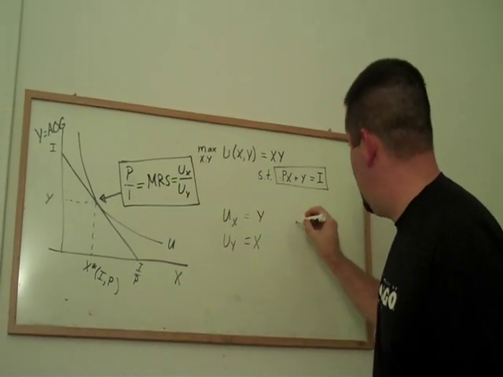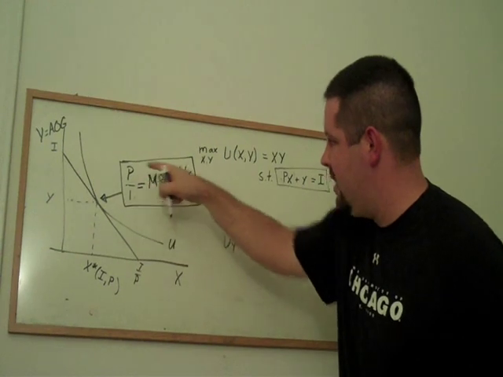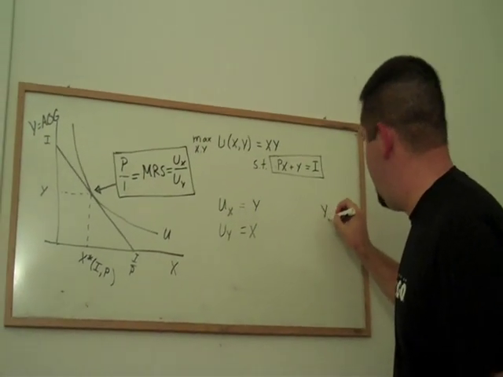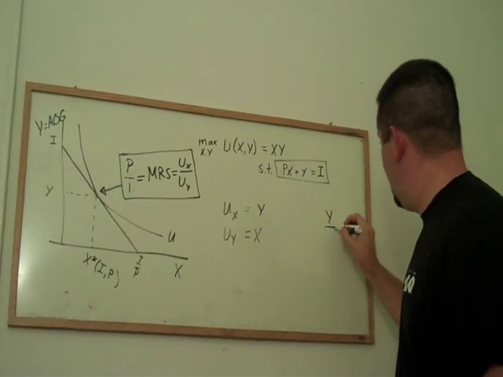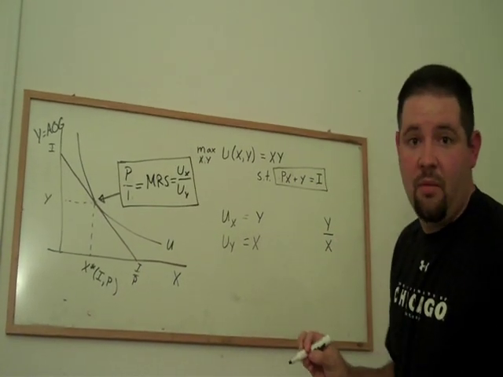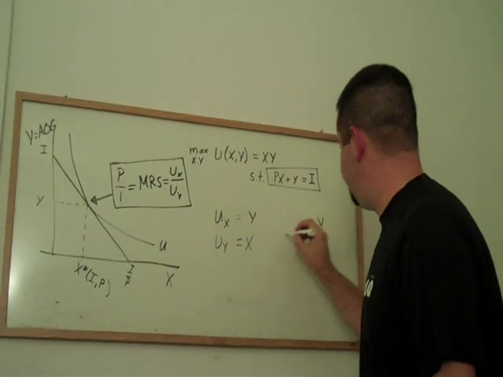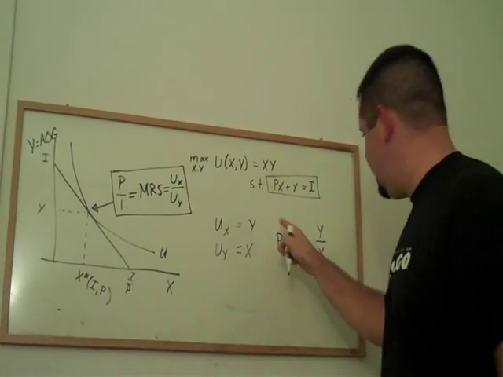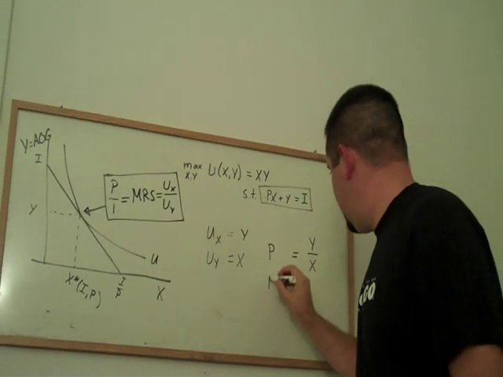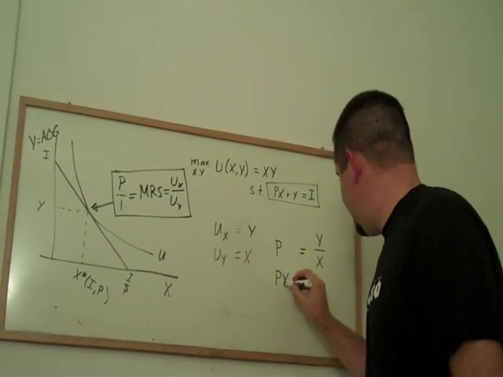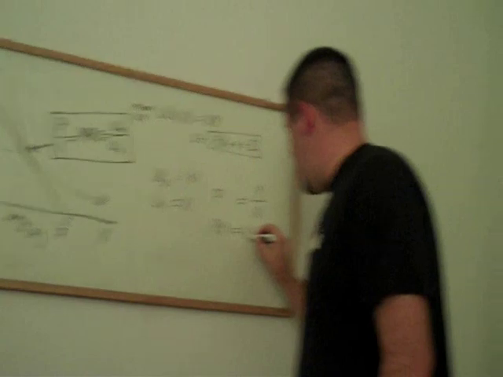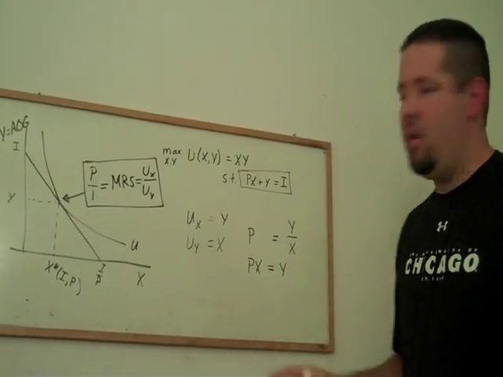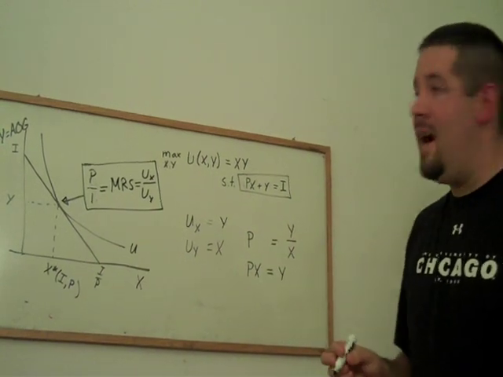So our slopes equal condition here tells us that y, that's the marginal utility of x, over x, that's the marginal utility of y, equals the price of x. And so we can solve this out. Price times x equals y, just multiplying both sides by x.